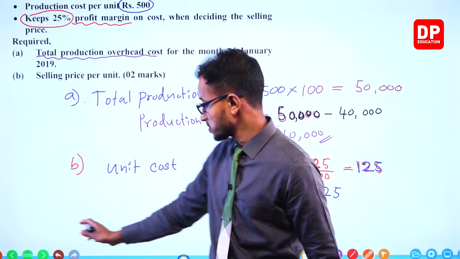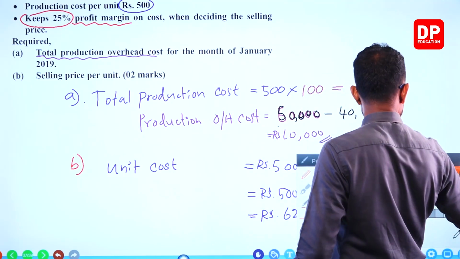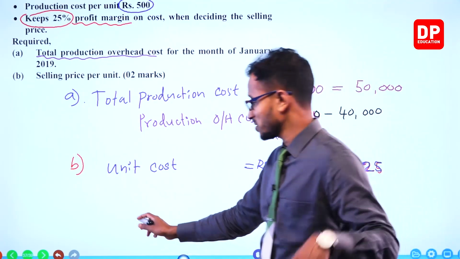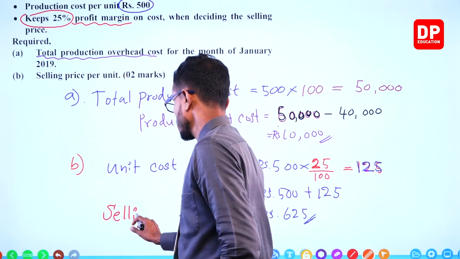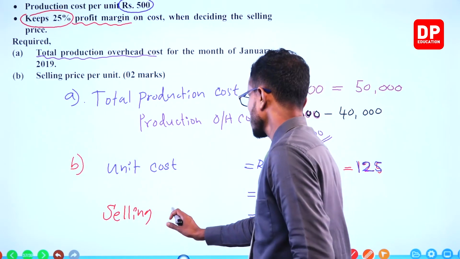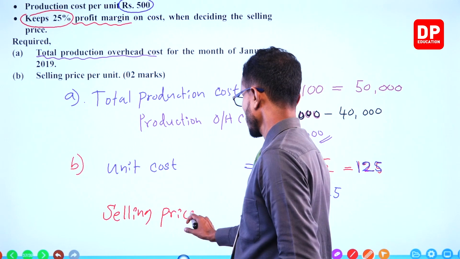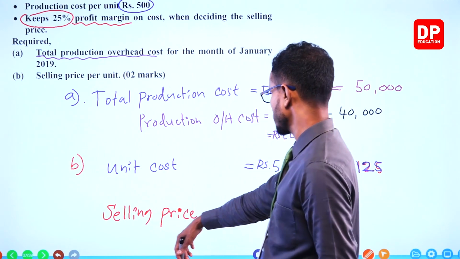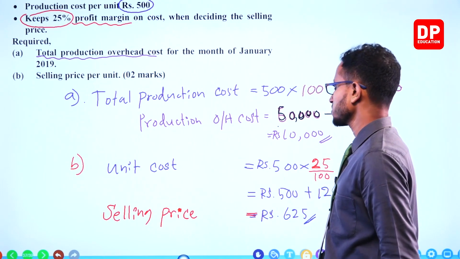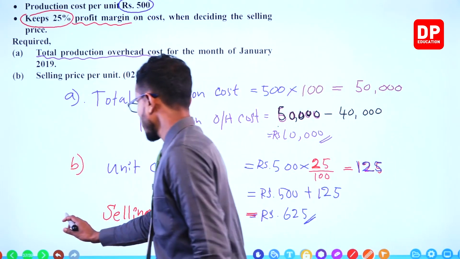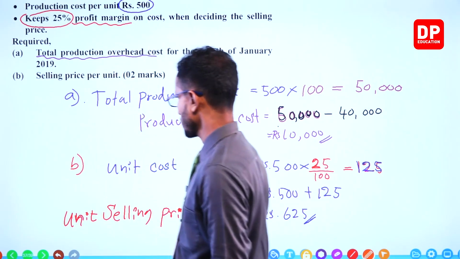You have to write it down. Write it here. I'm just using colors for your convenience, easy to identify the things. Unit selling price.